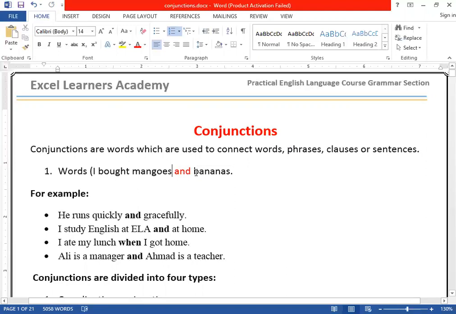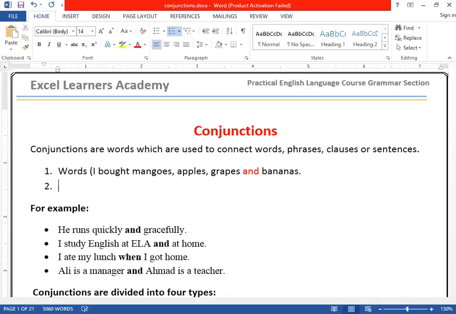But if I have more than two words, I can add more: I bought mangoes, apples, grapes, and bananas. So you put the conjunction before the last word to connect the last two words. So the word and is the conjunction in this case.